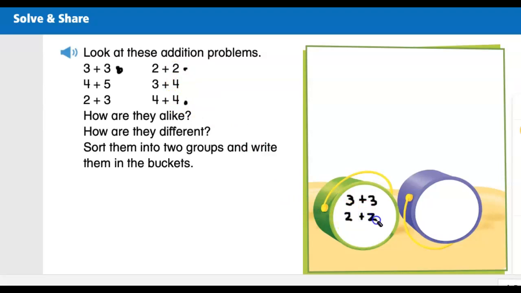So my 3 plus 3, my 2 plus 2, and my 4 plus 4. I'm going to put all of these together in this bucket. Now my other problems that are left, so my 4 plus 5, my 2 plus 3, my 3 plus 4, I'm going to put this in this bucket over here because these addition equations are not doubles.